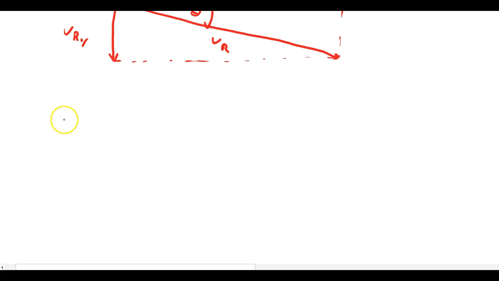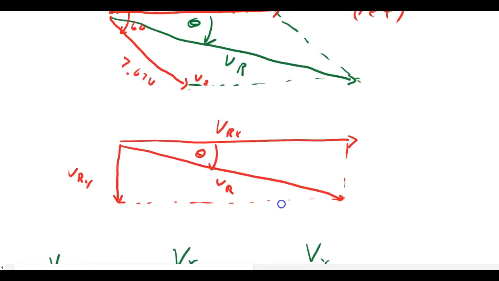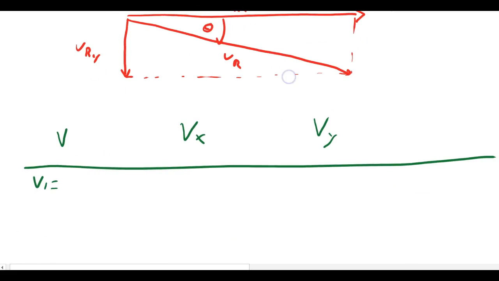And so now what we'll do is make a little table, with Vx and Vy. Here we have V1, which has a value of 14.14 at an angle of 0.